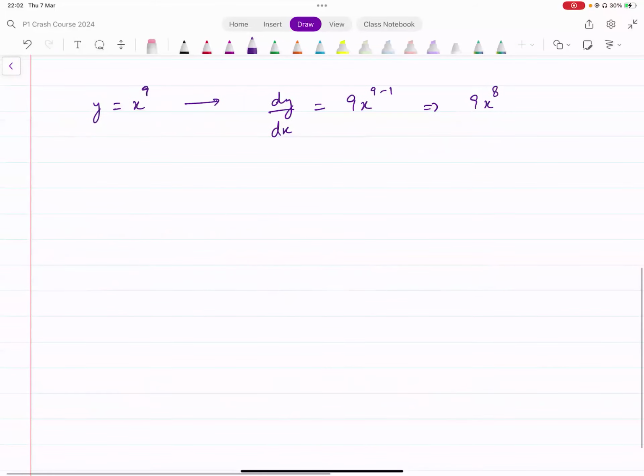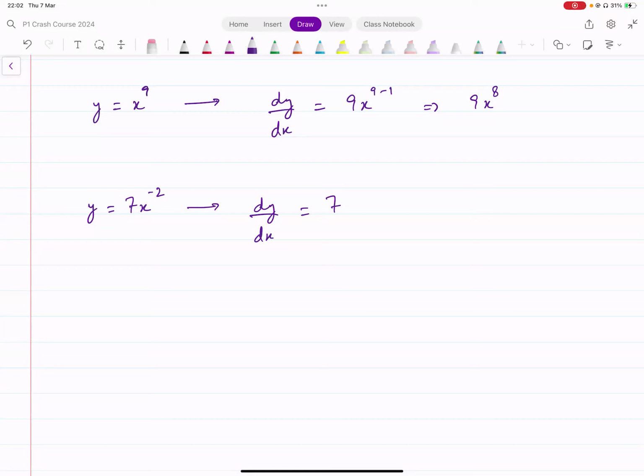Now, what if it was something more complicated than this? What if we had, let's say, y equals 7x raised to the power minus 2. Now remember, if you have a constant outside that's multiplying, that remains as it is. That does not change. So 7 remains as it is.